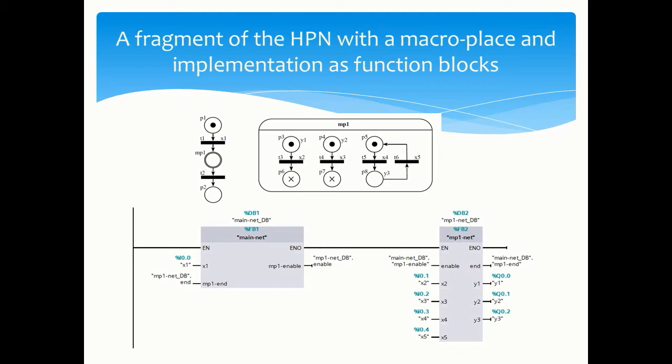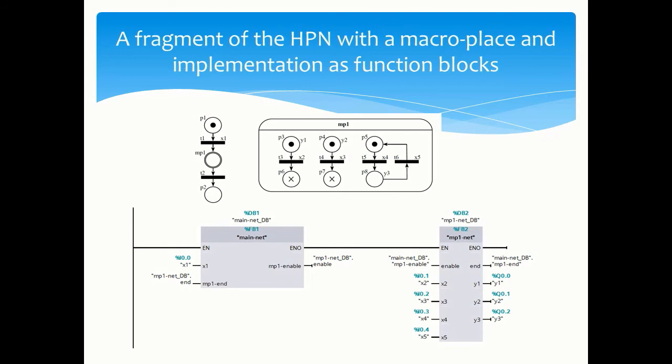The interface comprises four input signals, X2, X3, X4 and X5, and three output signals, Y1, Y2 and Y3. Two additional signals from the MP1net block interface, enable and end, are signals that synchronize the cooperation of the subnet with the basic network in the mainnet block. The connections are shown in the figure in text form.